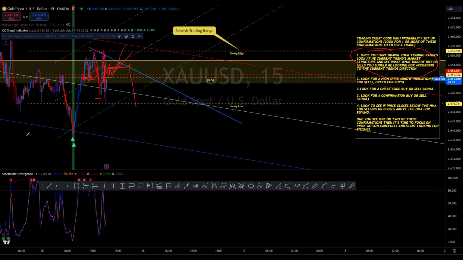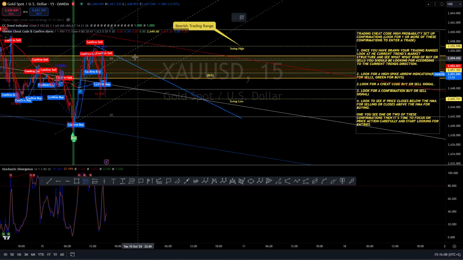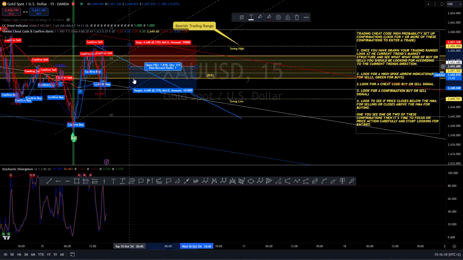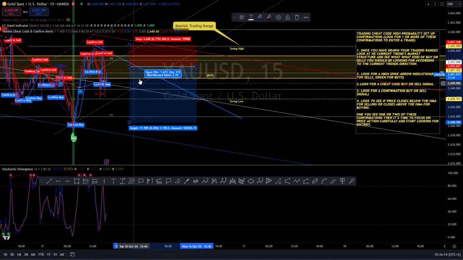So with that being said, let me turn on our indicators. That's the first thing. Now what we're going to actually look at is our confirmations at this point. Price is pushing out, going past construction.